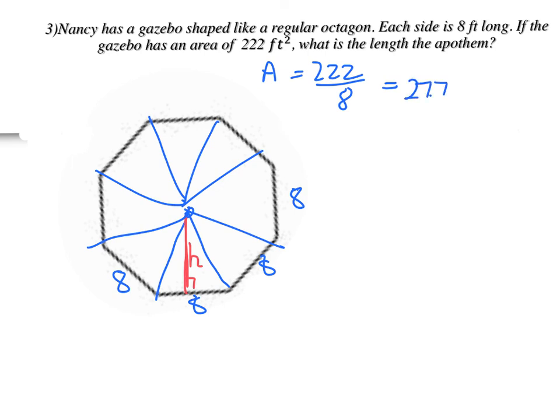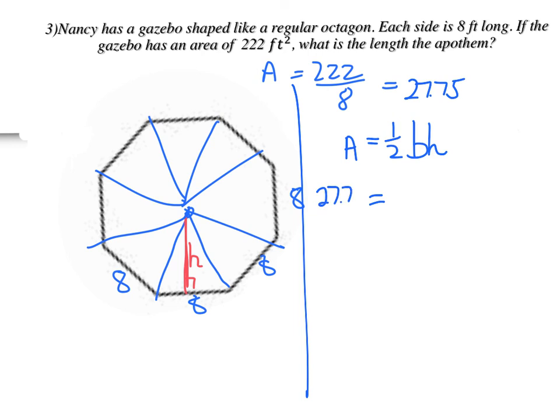The area of a triangle is 1/2 base times height. So the area here is 27.75, and that's equal to 1/2 times the base of one triangle, which is 8, and we don't know what the height is. That's what we're looking to find.